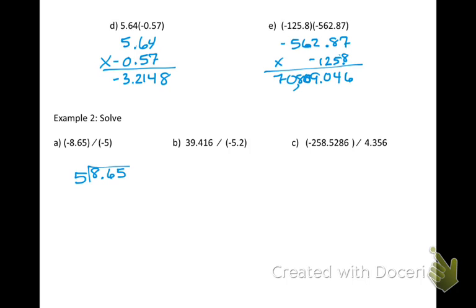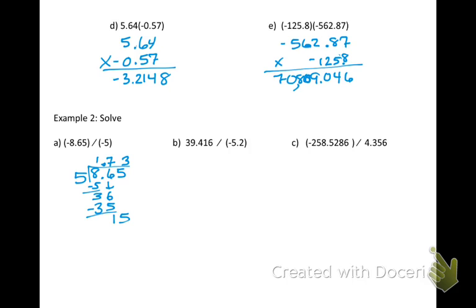Since there's no decimal on the outside number, you do not need to change any decimals at all. So then you're going to go 5 goes into 8 one time. You're showing your work, people. Don't need to bring down the decimal. Bring down the 6 though. 5 goes into 36 7 times. And 5 goes into 15 3 times. And then from there you bring the decimal up.